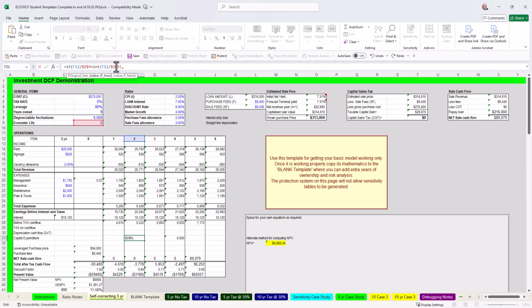But if it is equal, then I will come up here, take the value in F9, I will absolute that to keep it going to the same place as I copy that equation across, and if there's no decimal part, then we will bring in D8, and if there is a decimal part, in other words it's not a whole multiple, then I'll just put 0 in, and that will be my equation.